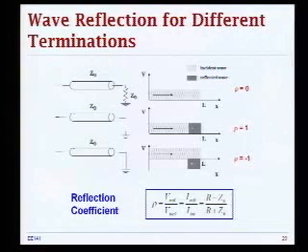And in order to understand what's going on with the wave propagation in these three different cases, we need to define the reflection coefficient. That is simply the ratio of the reflected voltage and the incident voltage coming at the destination end. We have an incident wave shown here as this dotted region, and then we have some reflection going back to the source. Using this formula, we plug in R, the termination resistance.